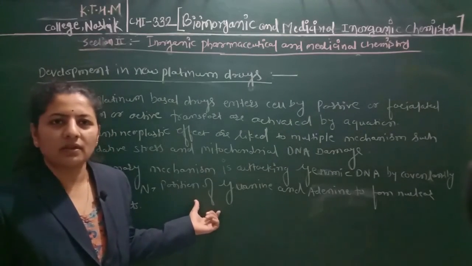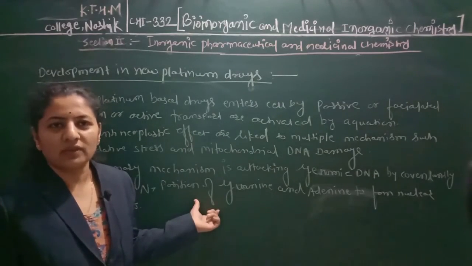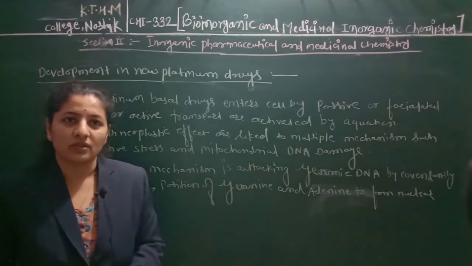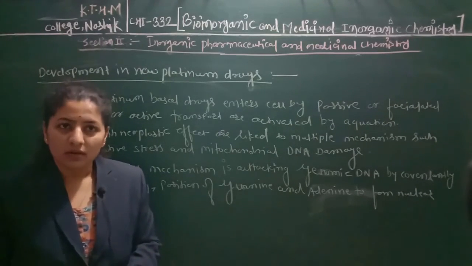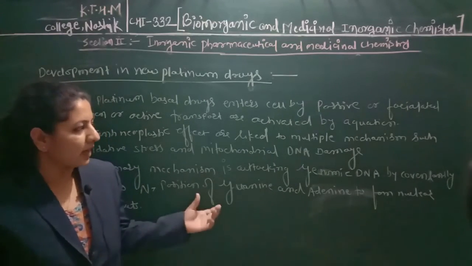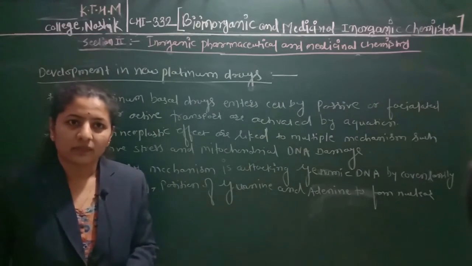Now let's discuss what the di and trinuclear platinum complexes are. As we know, platinum complexes are very effective anti-cancer agents. Recently there has been much more invention and development in these anti-cancer platinum drug complexes.